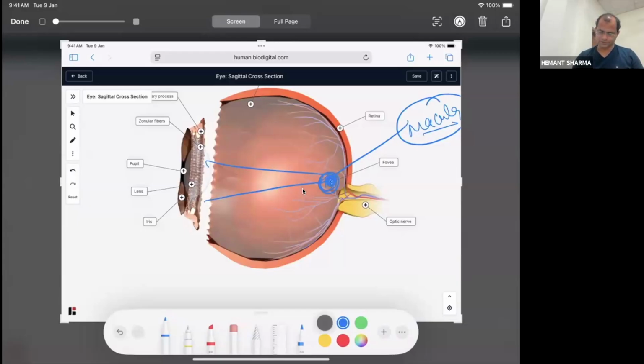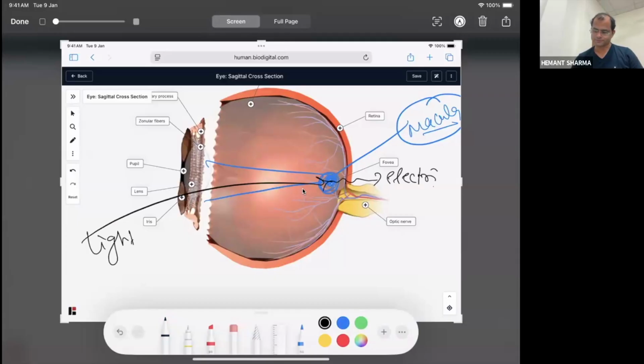So the light is coming from outside, reaching here, and it is converting in electric impulse. I will give one example. मैं आपको एक एग्जांपल दूंगा. हम ऊपर सोलर पैनल लगाते हैं. We are putting the solar panel. Light converting in electricity, right or not?